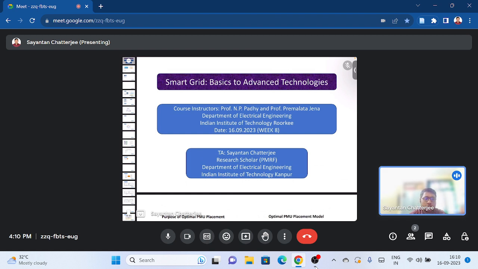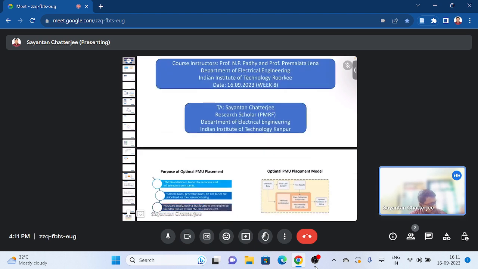Due to cost limitations on the distribution monitoring side and the transmission monitoring side, the PMUs need to be placed optimally. That leads to the necessity of optimal PMU placement.